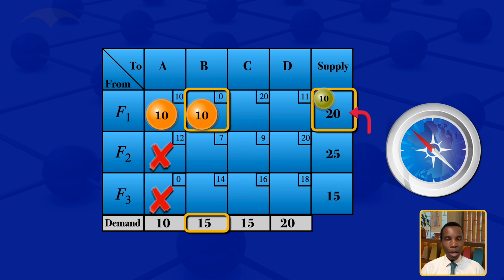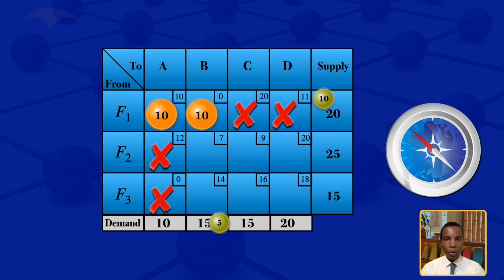So we can no longer allocate in row F1. We cross out to indicate we cannot allocate here, and cross out to indicate we can no longer allocate here, since we have reached the supply constraint. But when we allocate the 10 units here, what we'll be left with on the 15 is 15 minus 10. So we are remaining with 5 there.